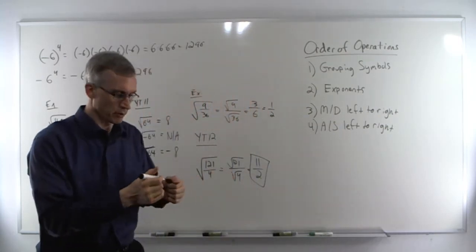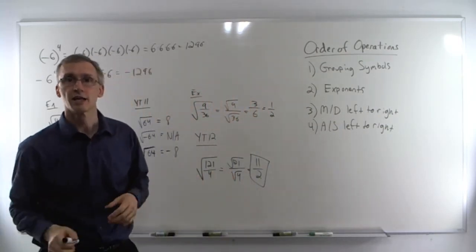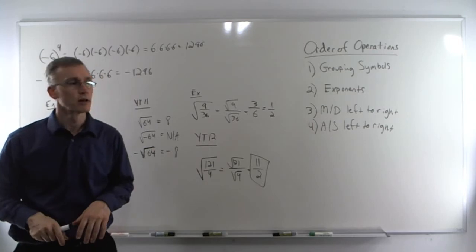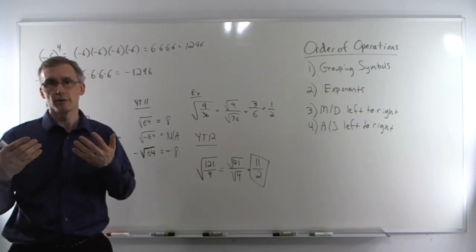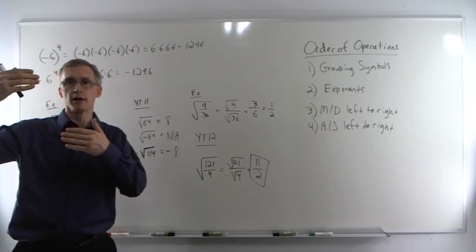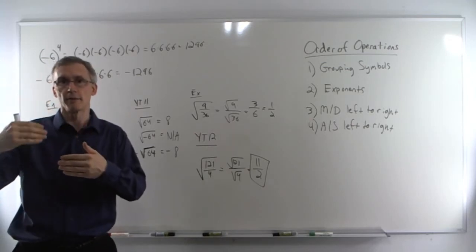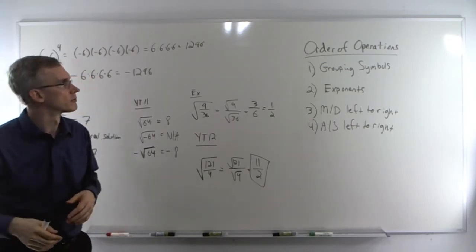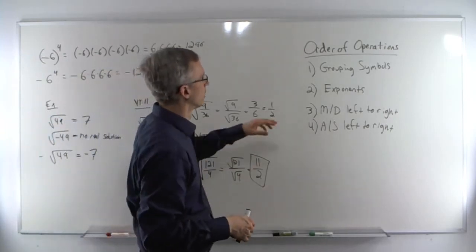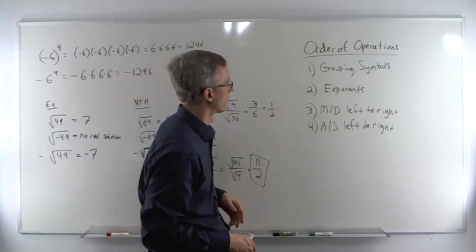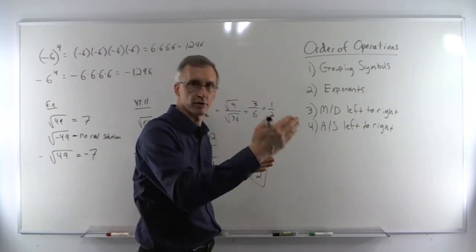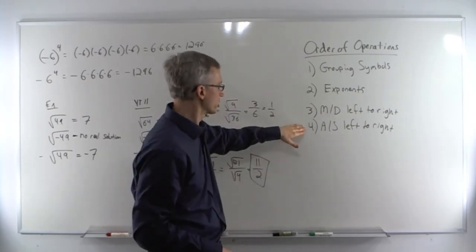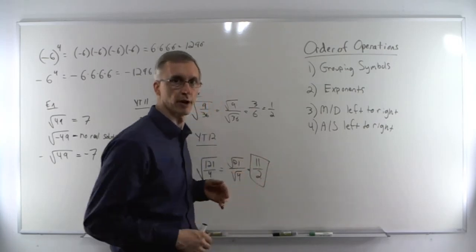So grouping symbols are like parentheses, absolute value bars, could be the division bar. The division bar meaning you work on the numerator and denominator separately. So things like that. Exponents are next. Then we'll do multiplication, division, working left to right. Finally, addition, subtraction, again, working left to right.